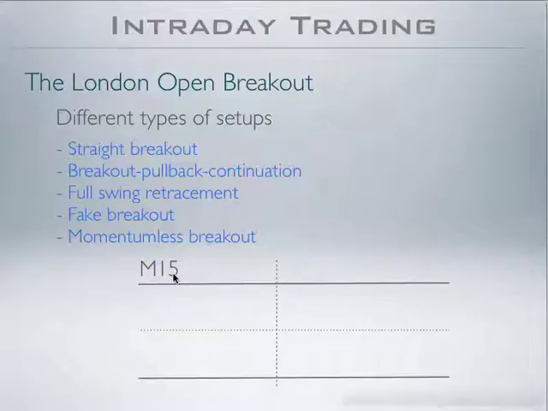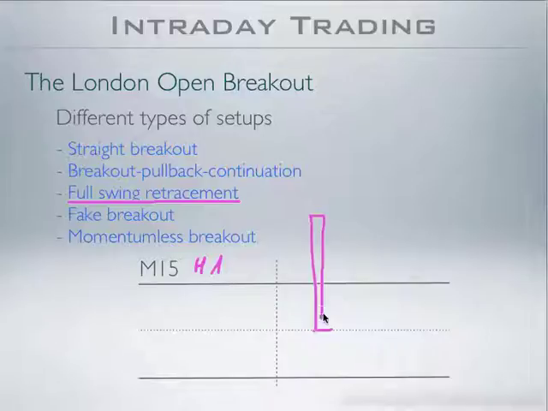All right, now let's imagine this was the 1 hour time frame. The full swing retracement would look like this: a momentum breakout with a massive green bar, in this case, since we are looking for an up breakout. Then we would get a pullback bar, which would be red. Again, this is on the 1 hour time frame, guys.